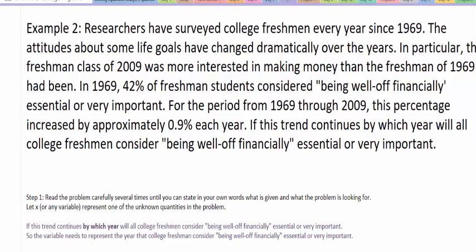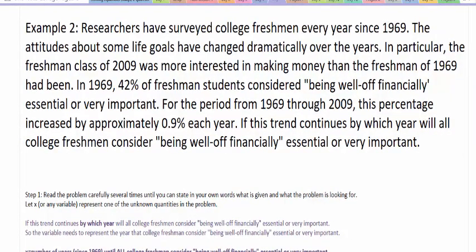Researchers have surveyed college freshmen every year since 1969. The attitudes about some life goals have changed dramatically over the years. In particular, the freshman class of 2009 was more interested in making money than the freshman class of 1969 had been. In 1969, which seems to be my starting point, 42% of freshman students considered being well off financially essential or very important.